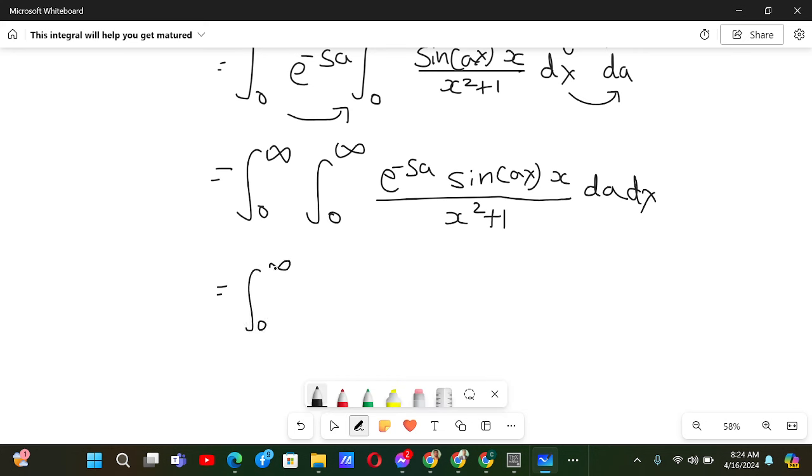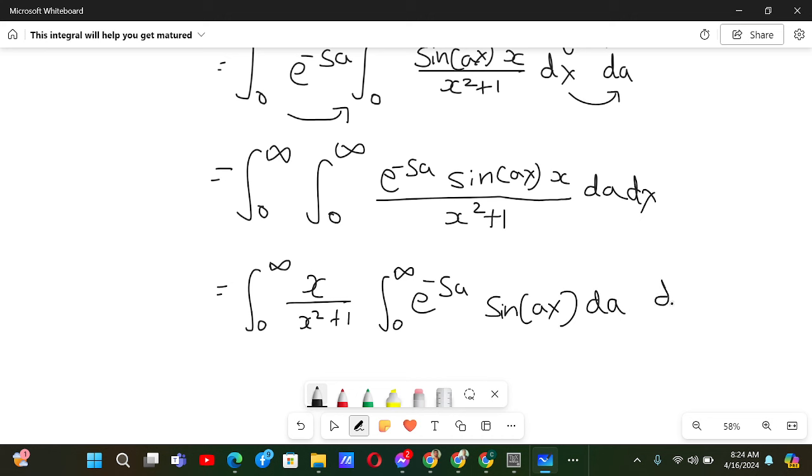Since the inside integral is in terms of a, you can take the x terms outside: x by x square plus 1, and the integral from 0 to infinity of e to the power minus sa sine of ax, and then da and dx. Note that x is just a constant while dealing with this.